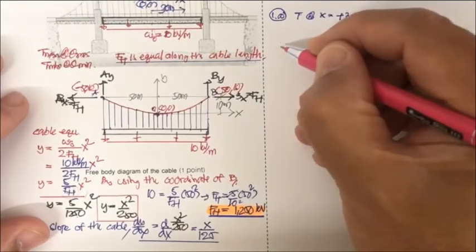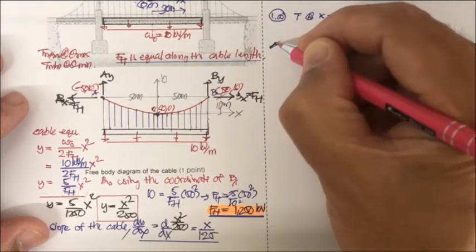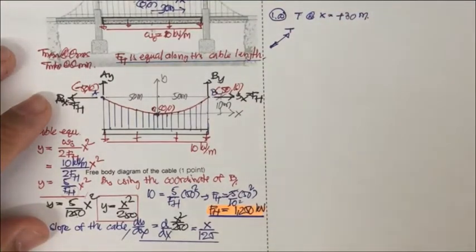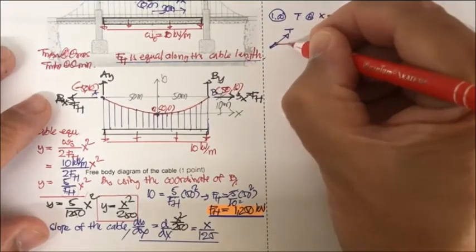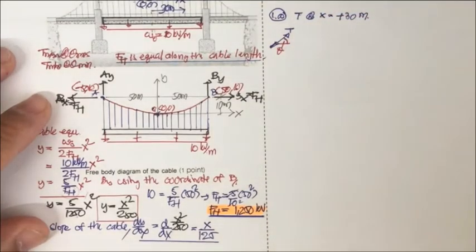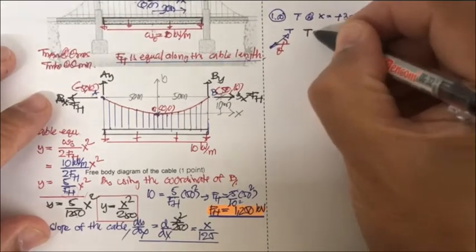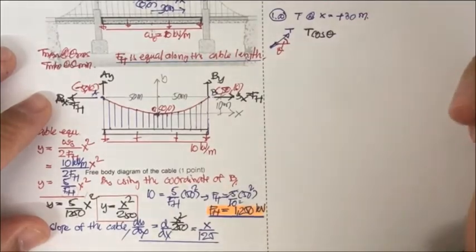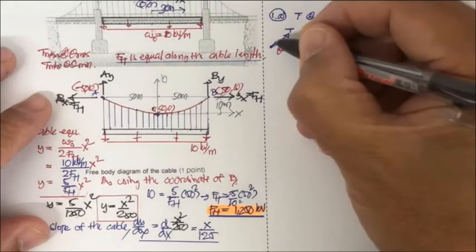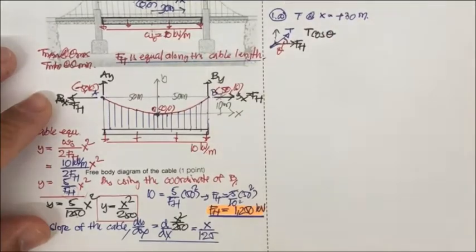If the cable is here, and then you have this as the tension, and you know the angle over here is theta, you may have T cos theta is going to be the force in the horizontal direction, and this is going to be F sub H.